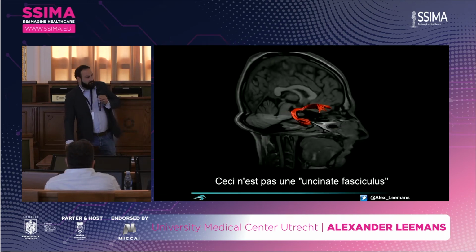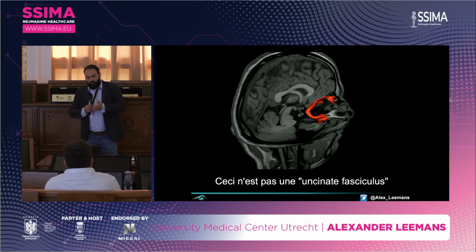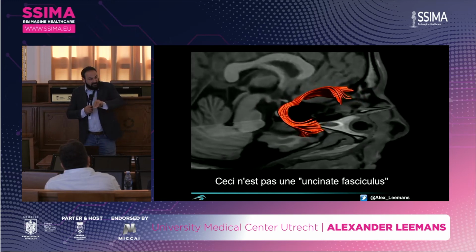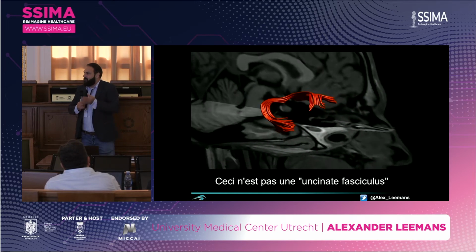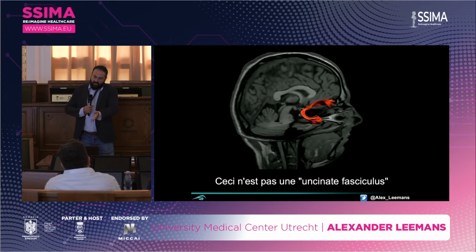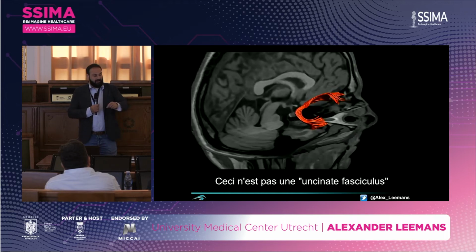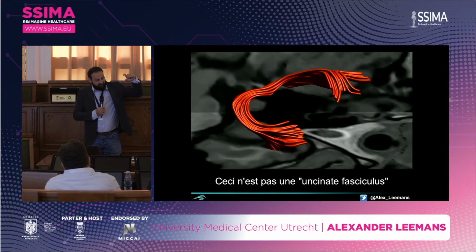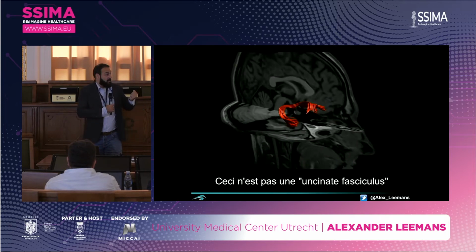Just connecting points in space. And just to drive home my point here, what we're looking at are reconstructed pathways from a diffusion process. So we're not directly looking at pathways. Okay, admittedly, if you look at some structure like this connecting the orbitofrontal cortex with the temporal pole in a hook-shaped manner, well, the uncinate fasciculus springs to mind.